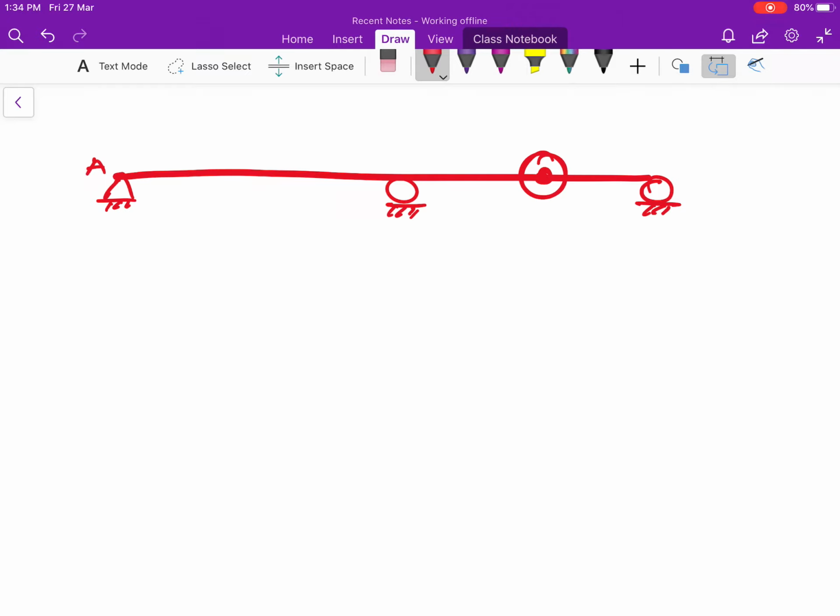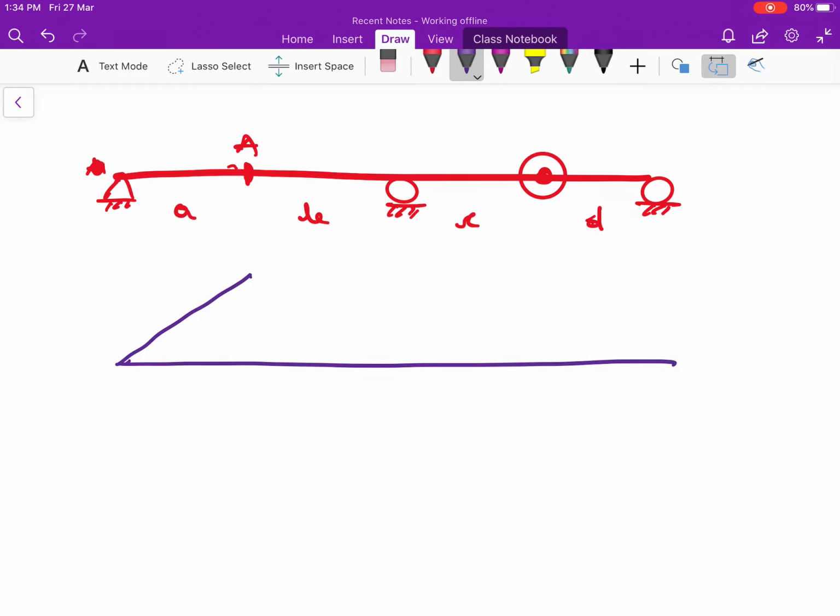Okay. Now, influence line diagram for bending moment at point A. Let me take this point as A. Okay. This distance is A, this distance is B, this distance is C, and this distance is D. This is the point A. We need to draw the bending moment at point A.